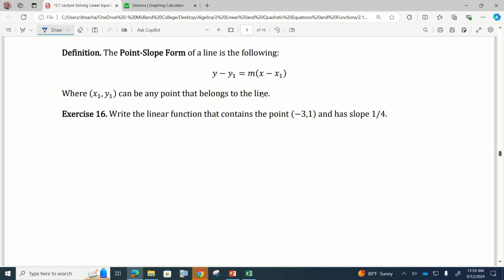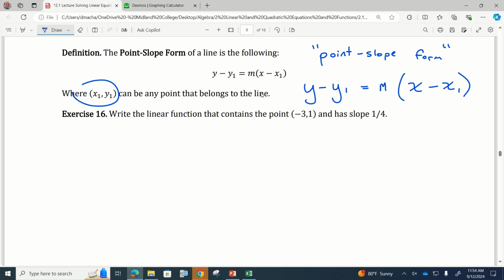Now, if you hear the term point slope form of a line, this is what we're talking about. It's the formula y minus y1 equals m times x minus x1.